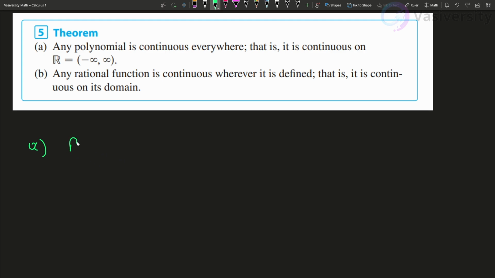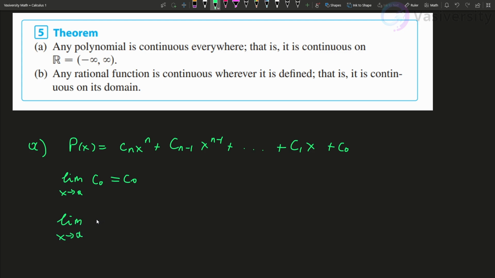For A, you can think about a polynomial in the form c_n x to the n plus c_(n-1) x to the n minus 1, plus etcetera, plus c_1 x plus c_0. We can apply the limit as x approaches a of a constant c, and the limit as x approaches a of x to the power m is equal to a to the m. These are the two laws that we know. Therefore p of x is continuous, and it's going to be continuous everywhere if a is defined as any number.